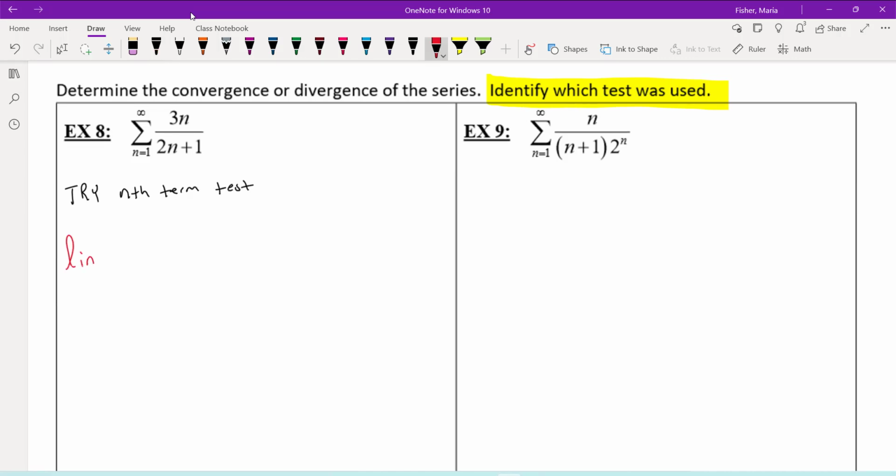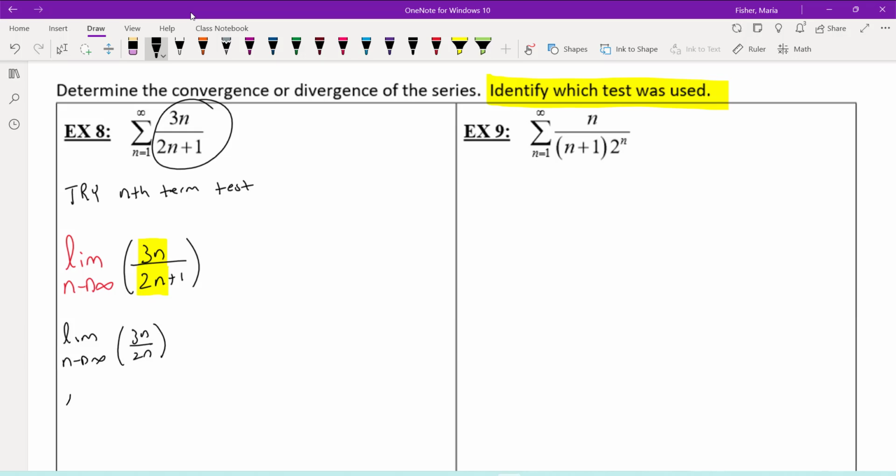The nth term test says to take the limit as n goes to infinity of a sub n, 3n over 2n plus 1. Now notice that this is just 3n over 2n because those are my leading terms. If I put them over each other and then reduce, I'm really looking at the limit as n goes to infinity of 3 halves.